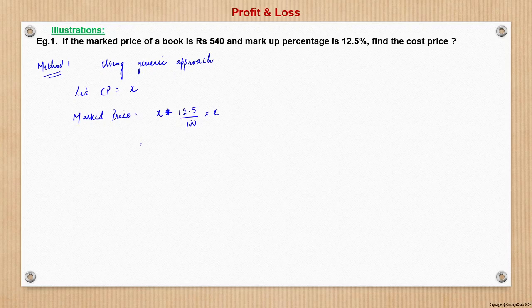And 12.5% we can write as 112.5 X by 100, which is nothing but 1.125 X. This is the marked price, and the marked price is given as 540. So here we can say that 1.125 X is equal to 540.